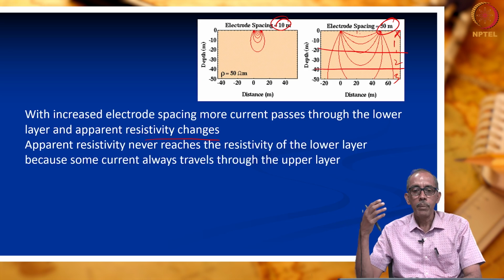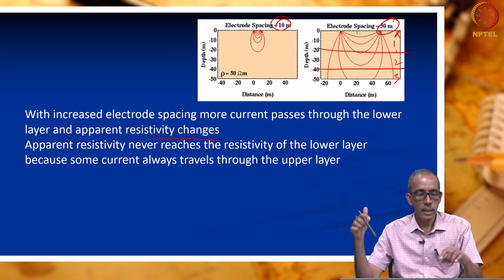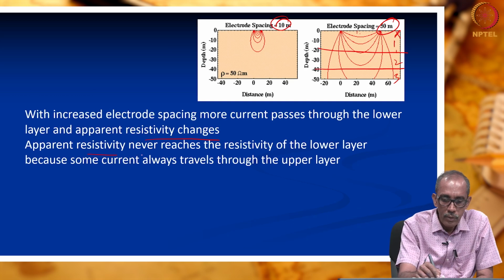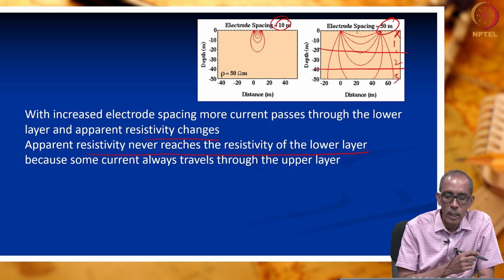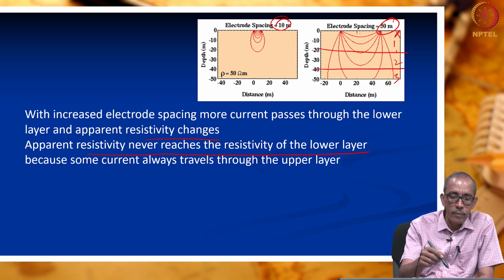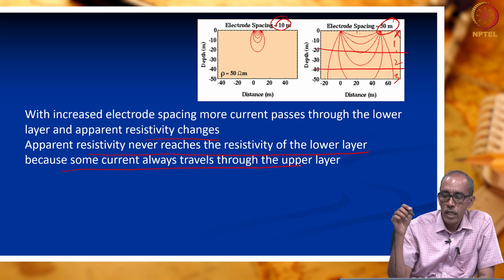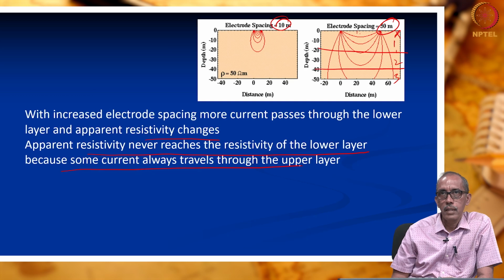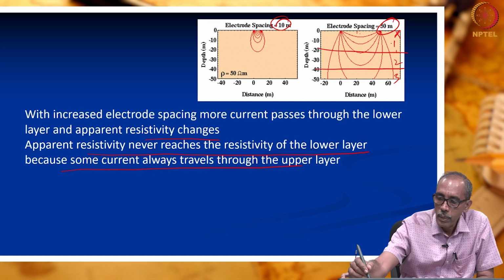So, what happens when the distance increases? Apparent resistivity never reaches the resistivity of the lower layer, because some current always passes through the upper layer. This is what I said. Now, let us look at this diagram here.